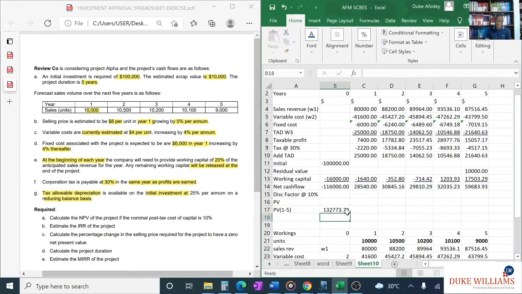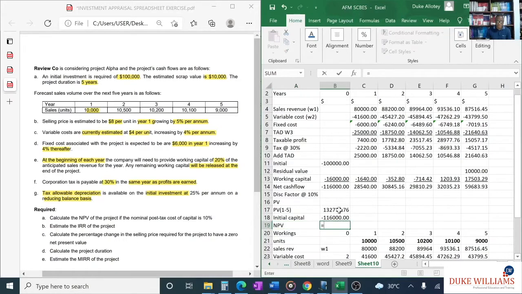But this is not the NPV. Let me stress again, this is not the NPV. So then I come with the initial capital, and I just reference whatever figure I have here, and the NPV then sits here comfortably as the sum of the two figures.